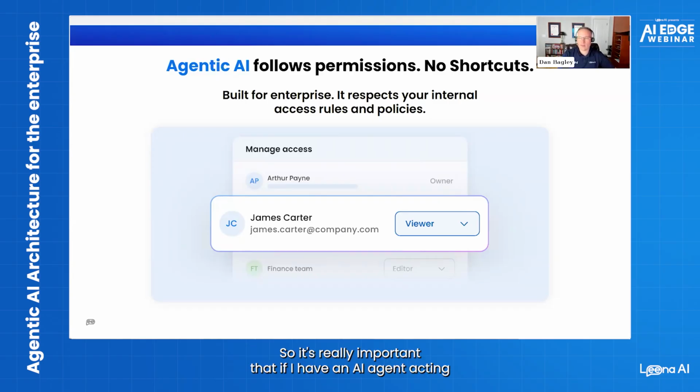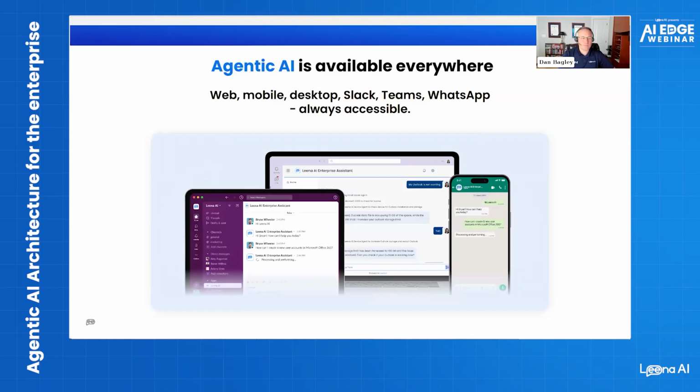So it's really important that if I have an AI agent acting on my behalf in any of those enterprise systems, it leverages the same security model that my user applies to in those systems. So if I'm doing an HR query, it's looking at the rights that my user has in the HR system. Same for finance, same for procurement. Respecting those permissioning models is very critical to ensuring success from an agentic AI perspective.